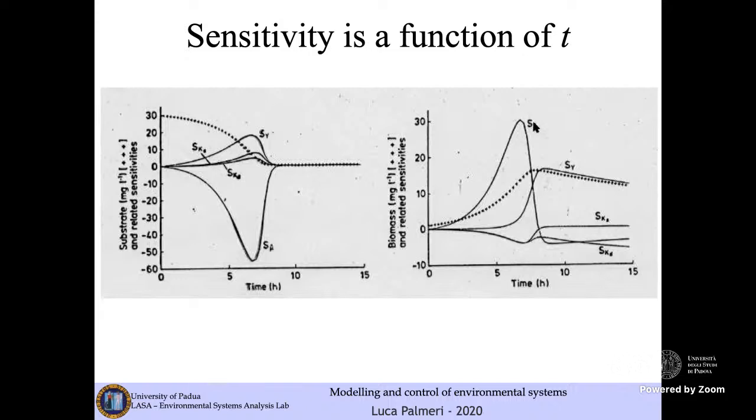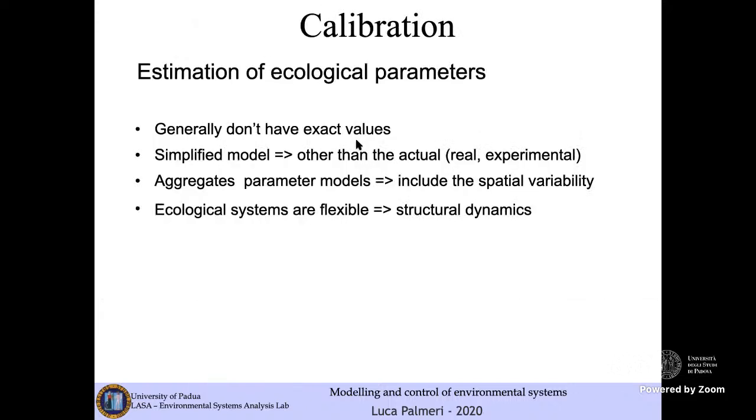In particular, here is the sensitivity to the growth rate mu. As the biomass increases, the sensitivity grows, and then once the substrate is consumed, this means the population starts to die, then the sensitivity to the growth rate tends to decrease as well. So this is more or less what we need to know in order to proceed with sensitivity analysis.